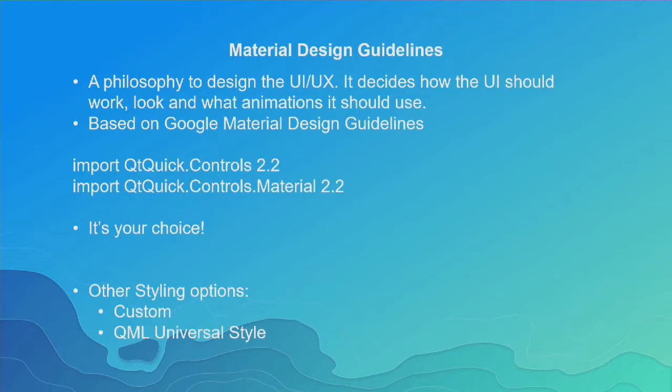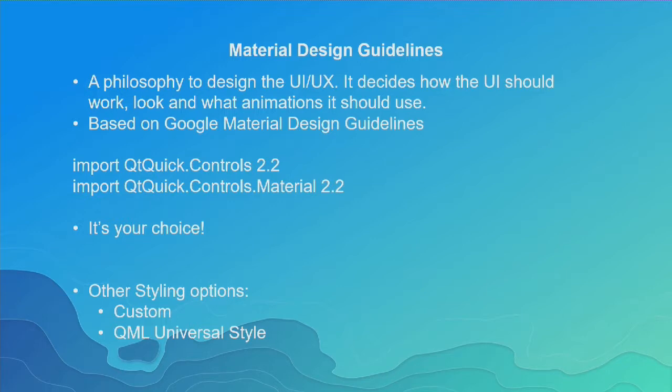Google first started out creating a set of rules for developers and designers. If you're creating Google apps, this is a set of rules you have to follow. And it actually got extended, got bigger, it's complete, it's now open source. And the Qt Company took that set of guidelines and added it into the Qt framework. So now we can use it, without having your own custom guidelines.